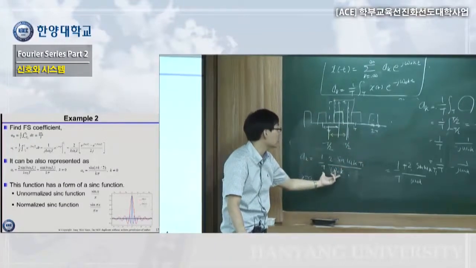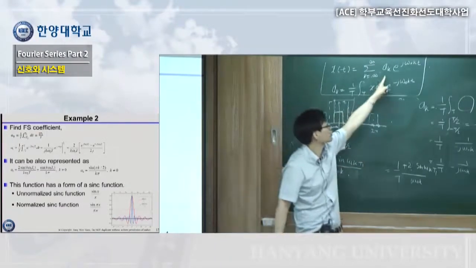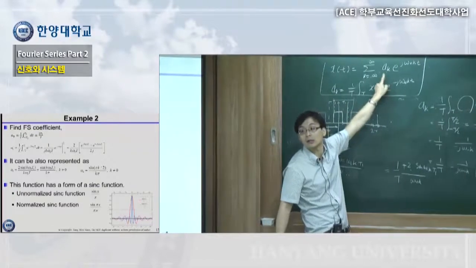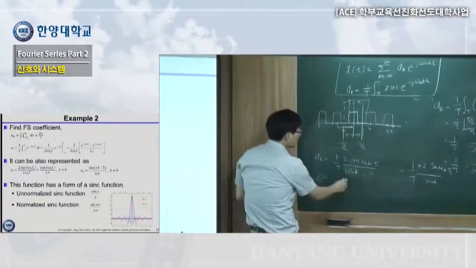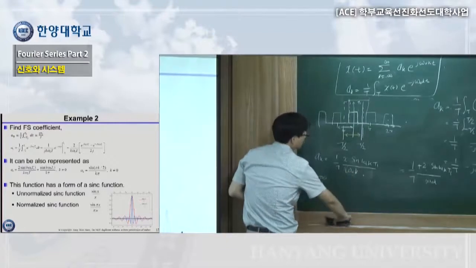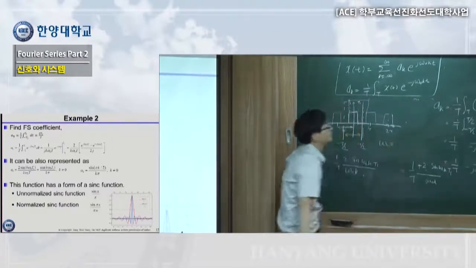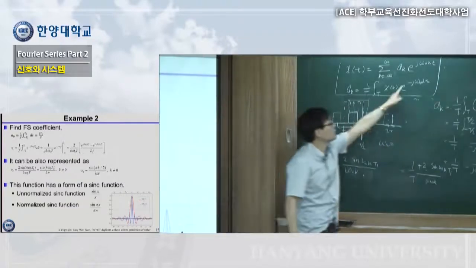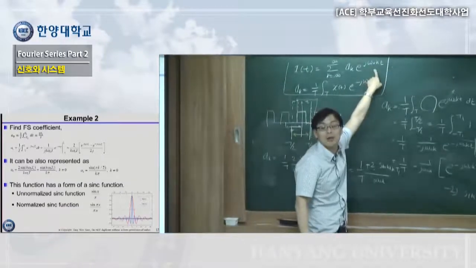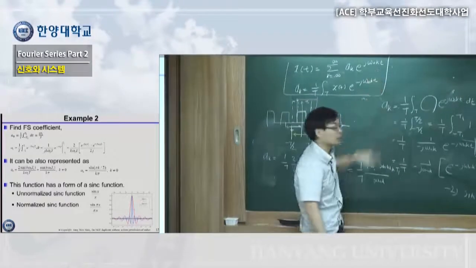And as we know AK, we can find out this, right? And what will this omega be? Remember, this is the fundamental frequency. So basically it's related to the period. We learned that.